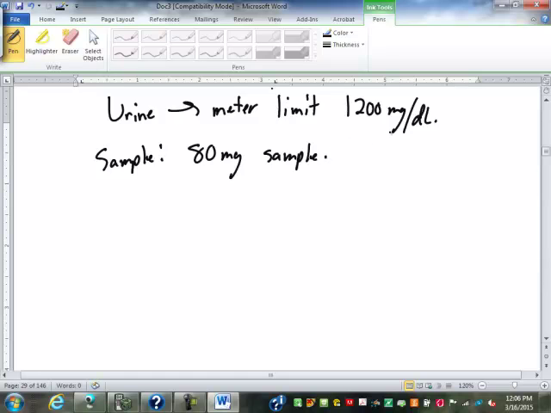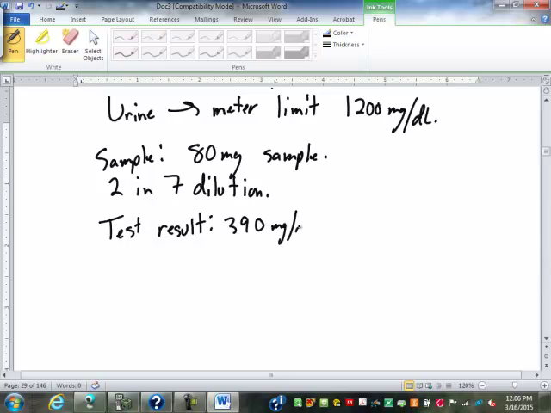We are going to undergo a 2 in 7 dilution to dilute the sample. And the test result, after going through that dilution, is 390 milligrams per deciliter.